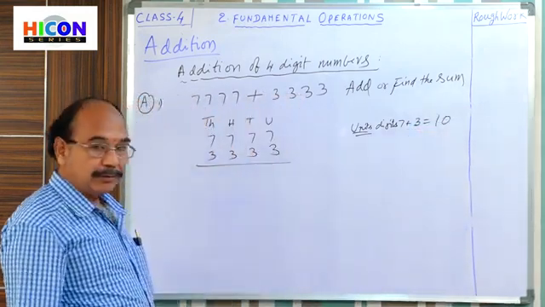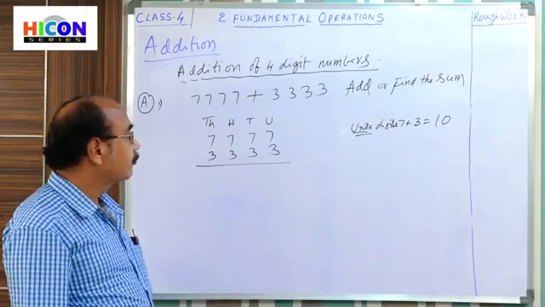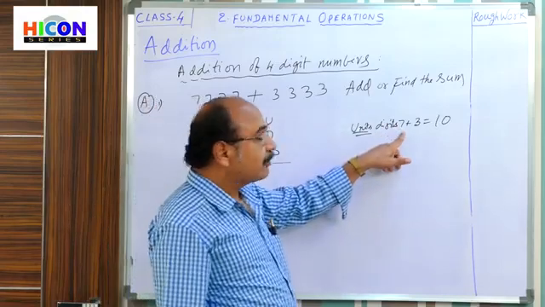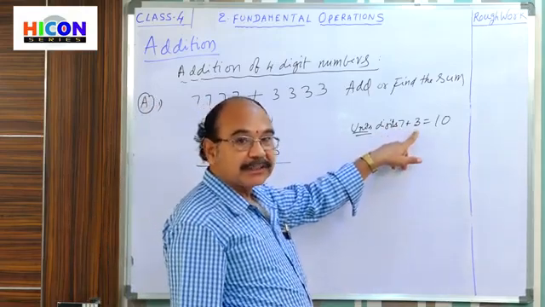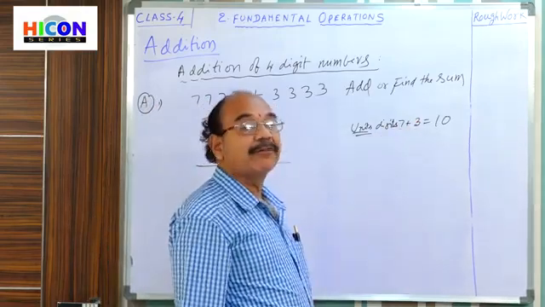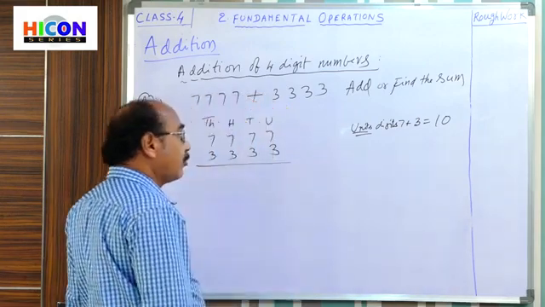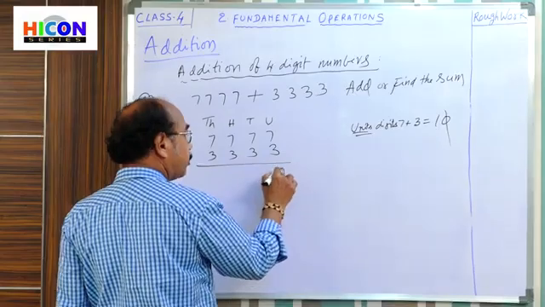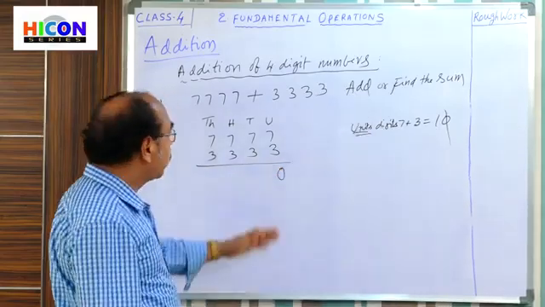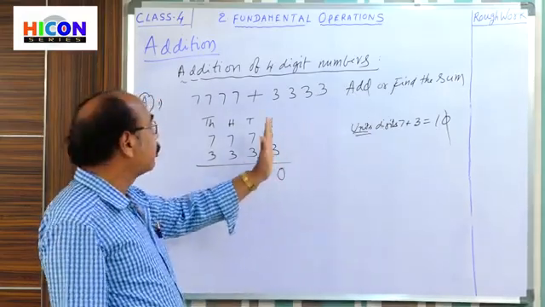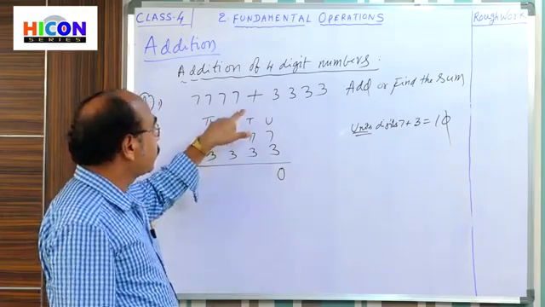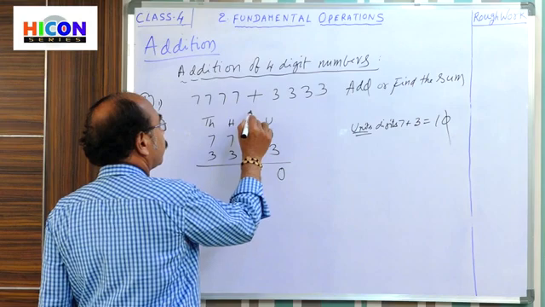So 7 ones plus 3 ones, 10 ones are there. So strike up 0 and write in the units place, and 1 is there now. That one should be carried out to the next tens place.